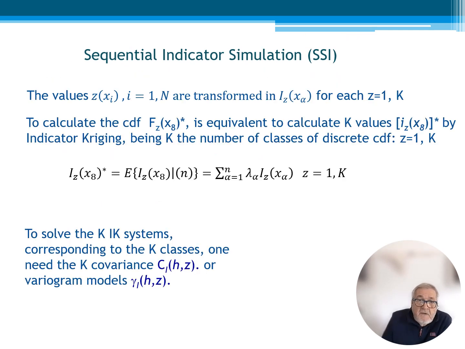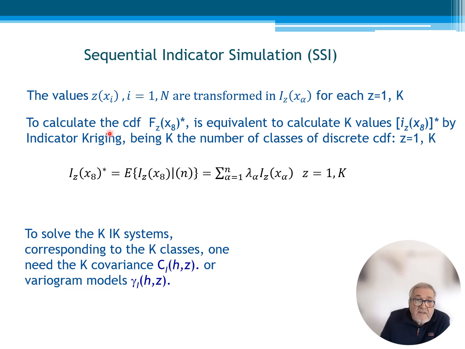In short, the values of my original variable, for example, porosity, soil content, and so on, are transformed in indicators for each class. So I must have k indicators.